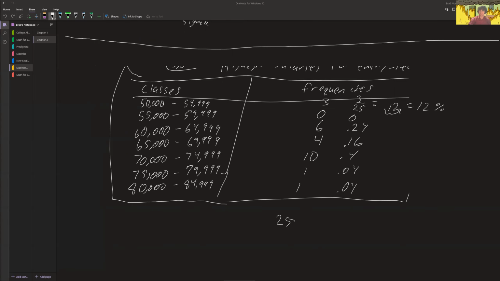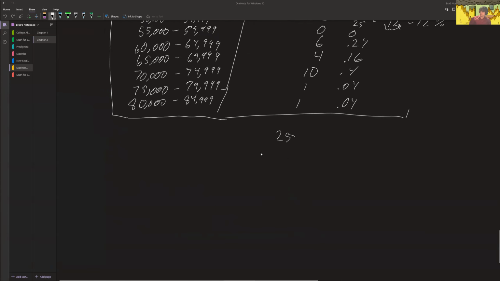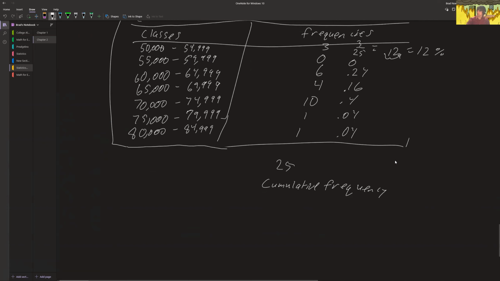So I did throw in a term there that I should probably define. I mentioned 25. I called this the cumulative frequency. The cumulative frequency is simply the sum of the frequencies of all of our classes, or rather of all previous classes. Let me be a bit careful here.